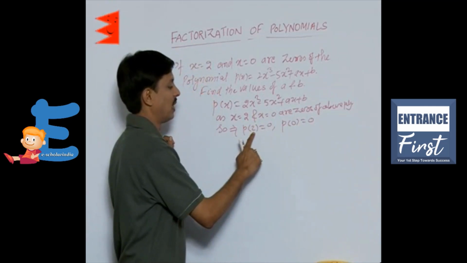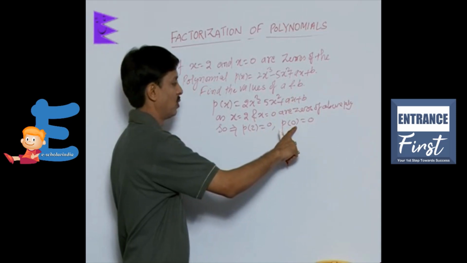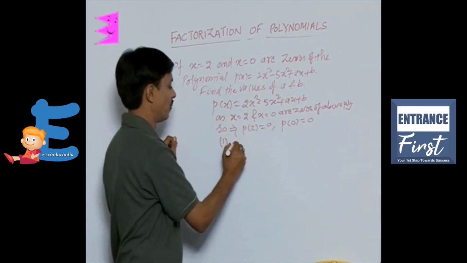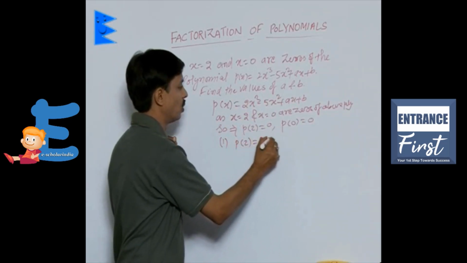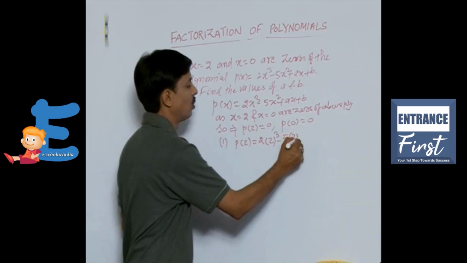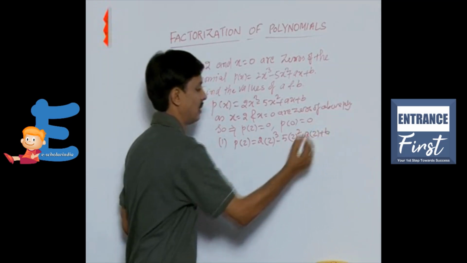Meaning, once in place of x we will put 2 and once in place of x we will put 0. So the first case I am taking, if I put 2, the answer of P(2) will be 2 × 2³ − 5 × 2² + a × 2 + b.